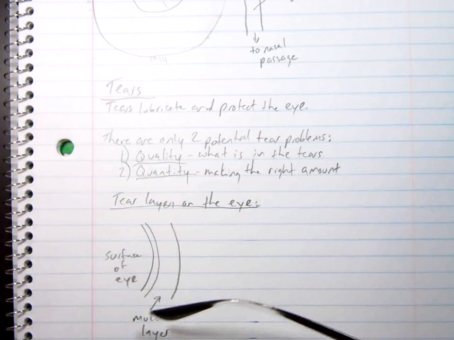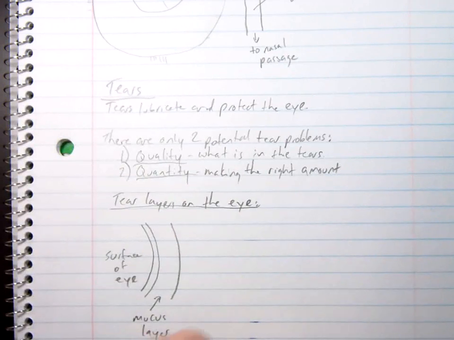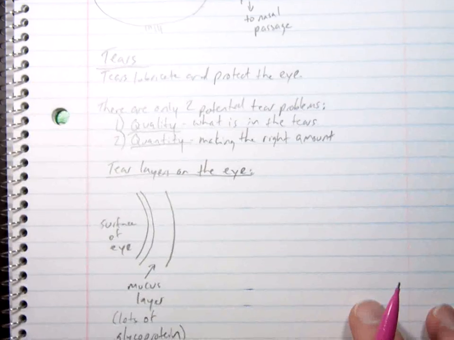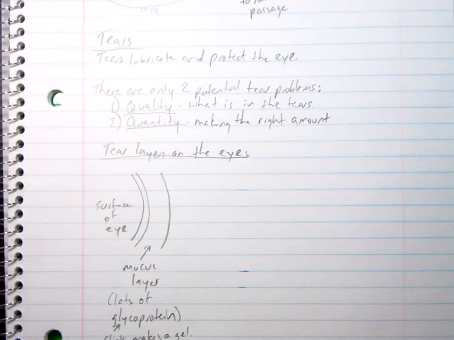It's got water in it, but it has lots of glycoprotein. Glycoprotein basically is slick and makes a gel that protects the surface of your eye. So if you rub your eye, you're wiping off that mucus layer, and it takes just a little bit for it to come back when you do.